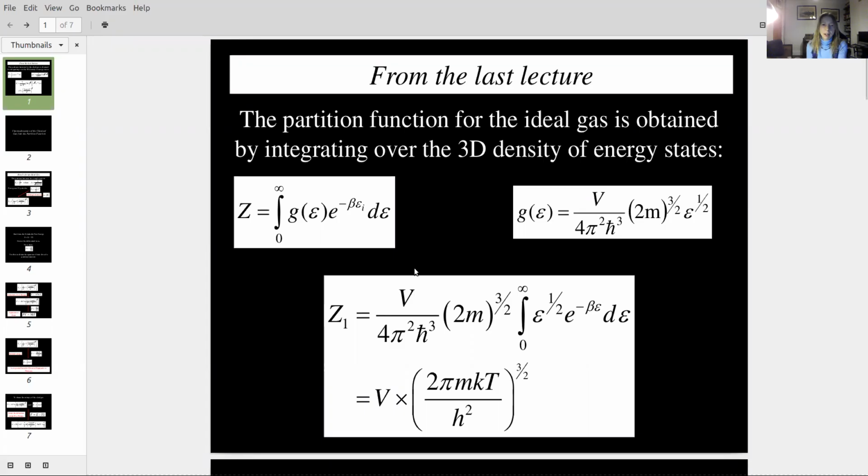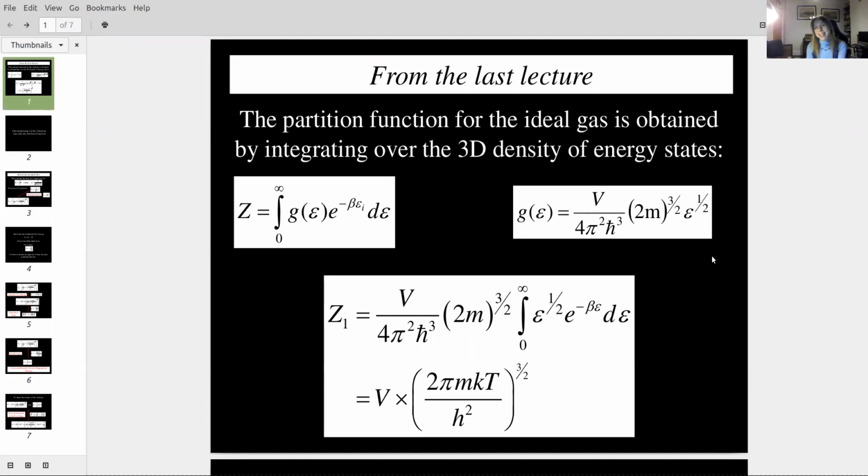In the last lecture, we did a sketch derivation of the density of energy states, g of E. Remember that I said not to worry too much about that derivation.